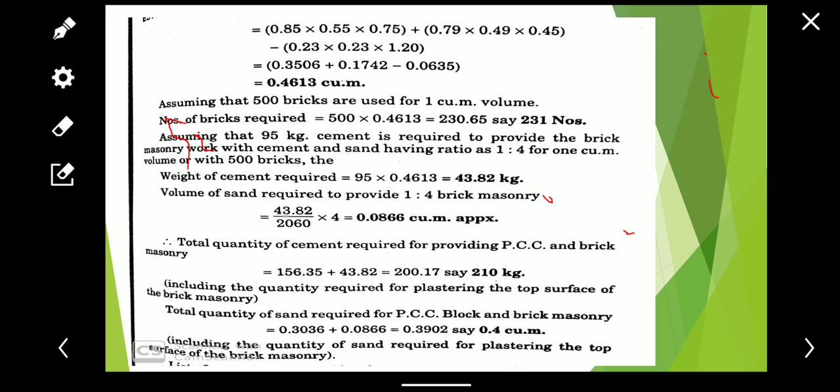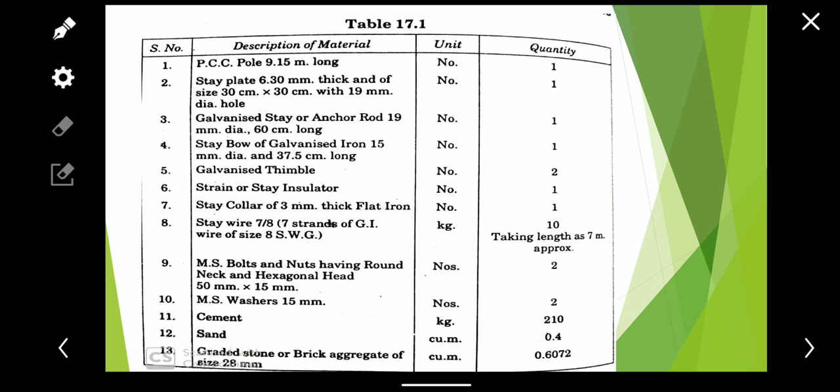So including the quantity of sand required for plastering the top surface of the brick masonry, these are the total list of the material.